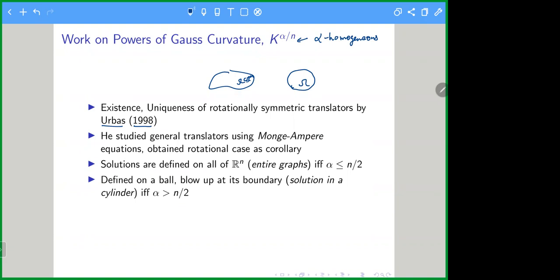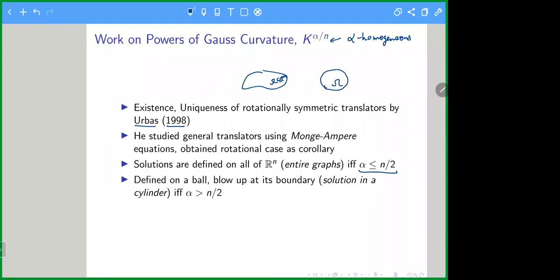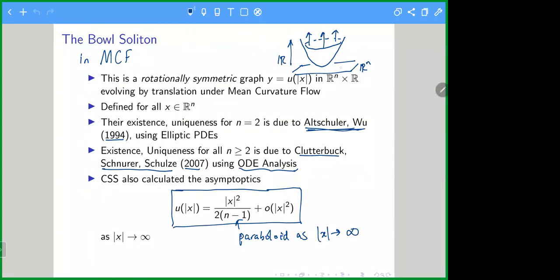What seems to happen is a kind of bifurcation based on how large your alpha value is. If alpha is less than or equal to n over 2, then it looks like the bowl soliton, in the sense that this bowl is defined on the entire R^n as a graph.